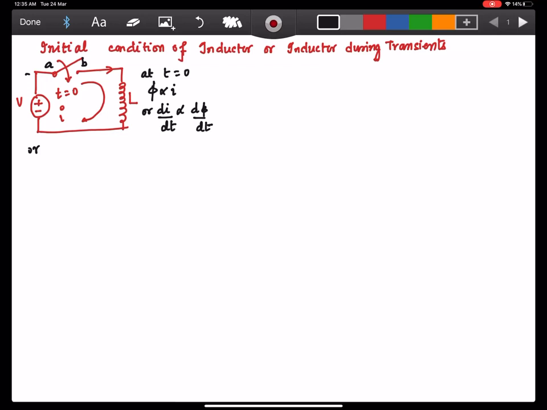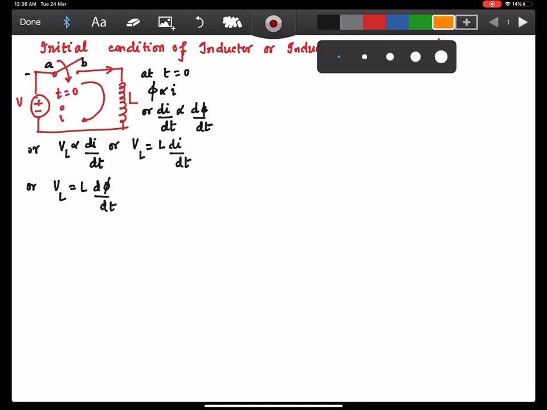Then definitely we have an induced voltage across the inductor, which is given by VL directly proportional to di by dt, or we can write VL is equal to L di divided by dt, or this VL is nothing but L d phi divided by dt.